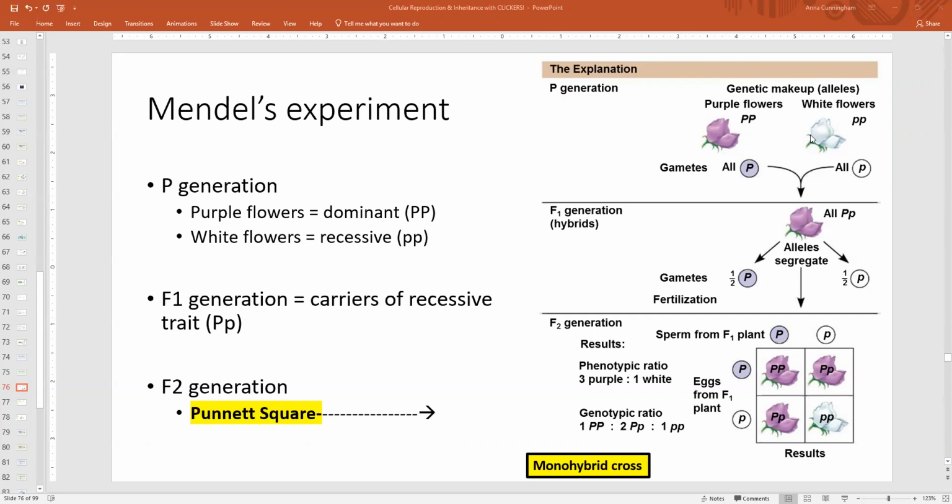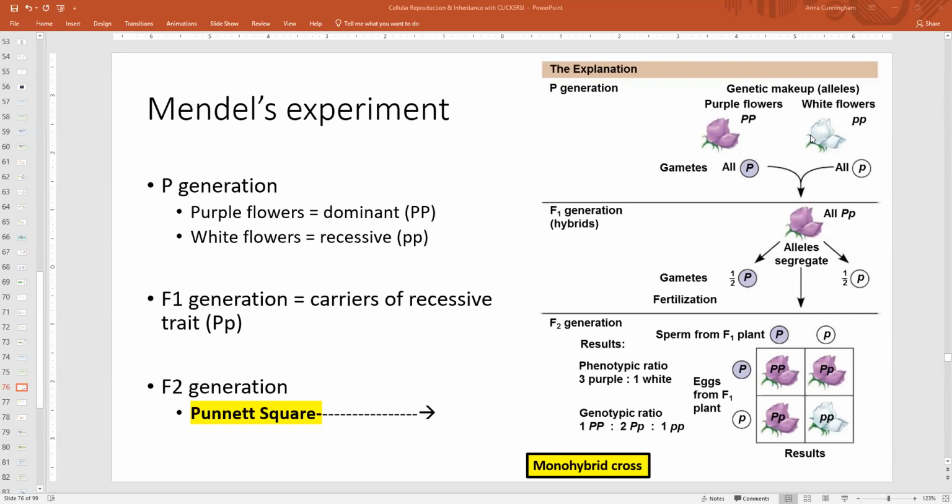So he knew those flowers had to be homozygous for the allele coding for white flowers. So we have true breeding purple flowers, homozygous for the purple allele, and true breeding white flowers, homozygous for the white allele. So the question is, which of those is dominant?